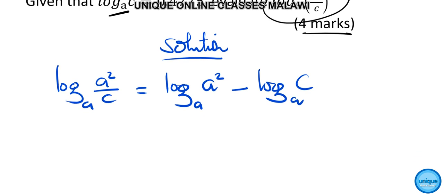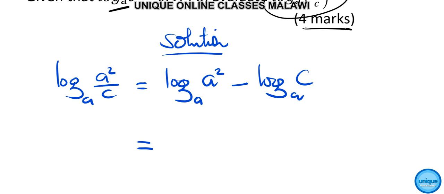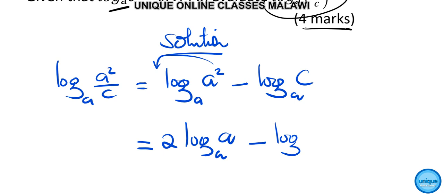And applying another law of logarithm, the power goes to the front, so it will be 2 times log of a base a minus log of c base a.